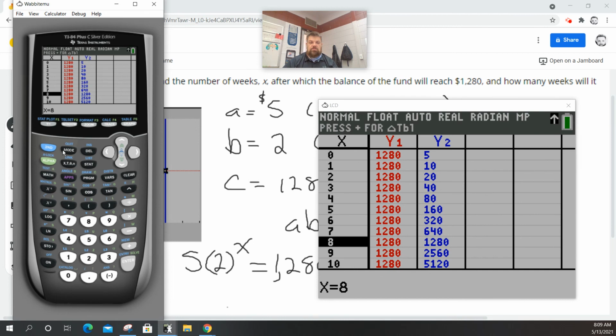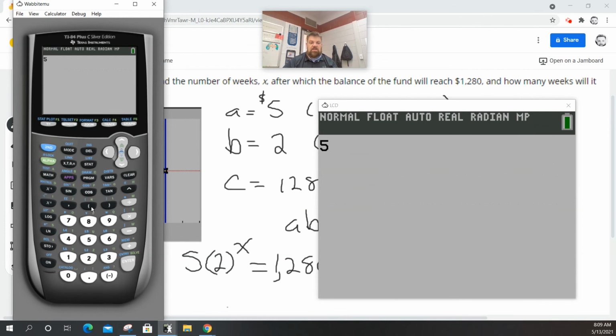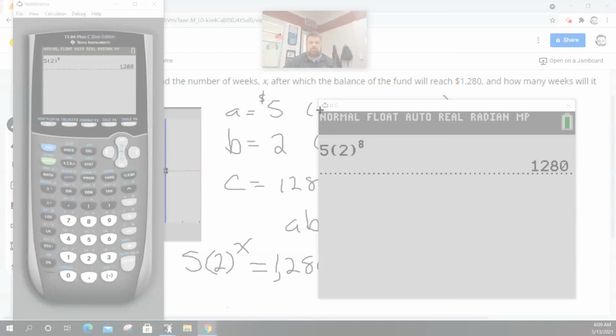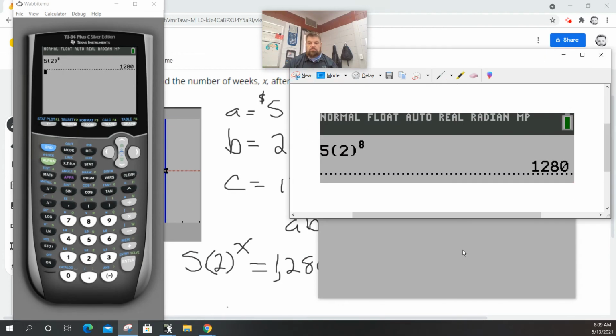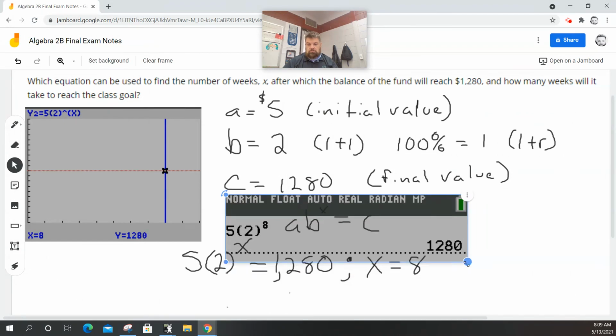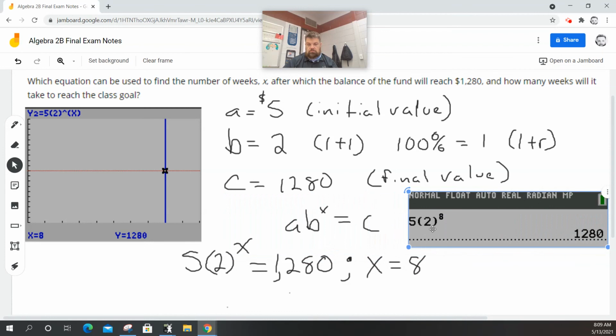Another thing you could do too is you could just plug it in. I could say 5 times 2 raised to the 8, and if I plug in 8, guess what? Boom. So let's take a screenshot of that. And that's it on that one.